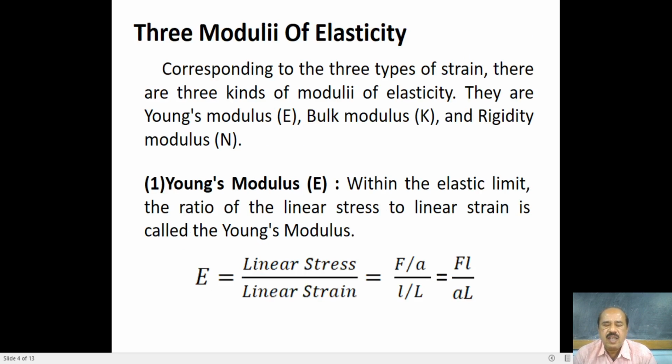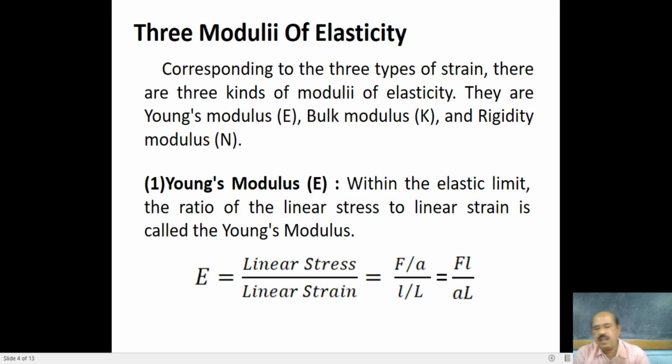Linear stress can be written as F by A, where F is the force and A is the area of cross section, and linear strain can be defined as small l divided by capital L, where small l is the change in length and capital L is the original length.